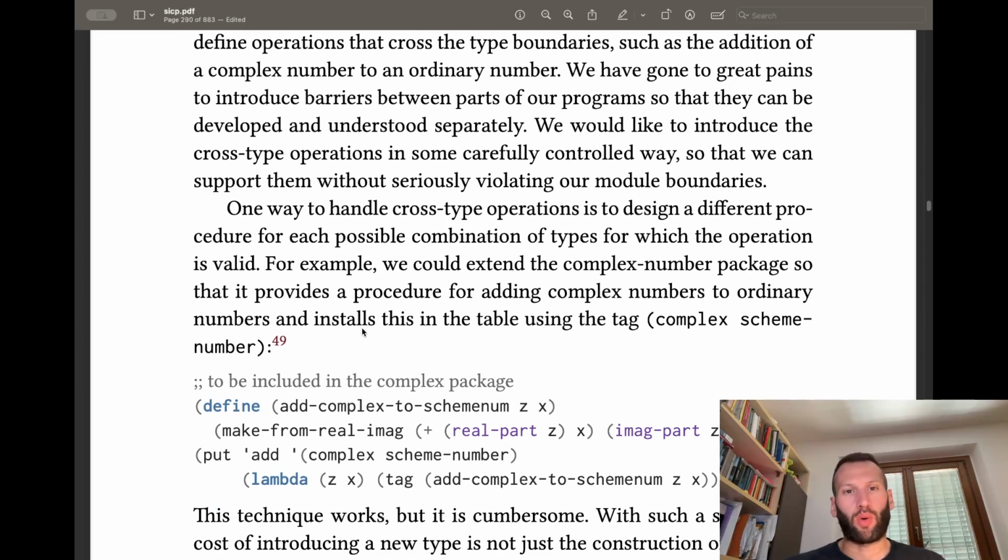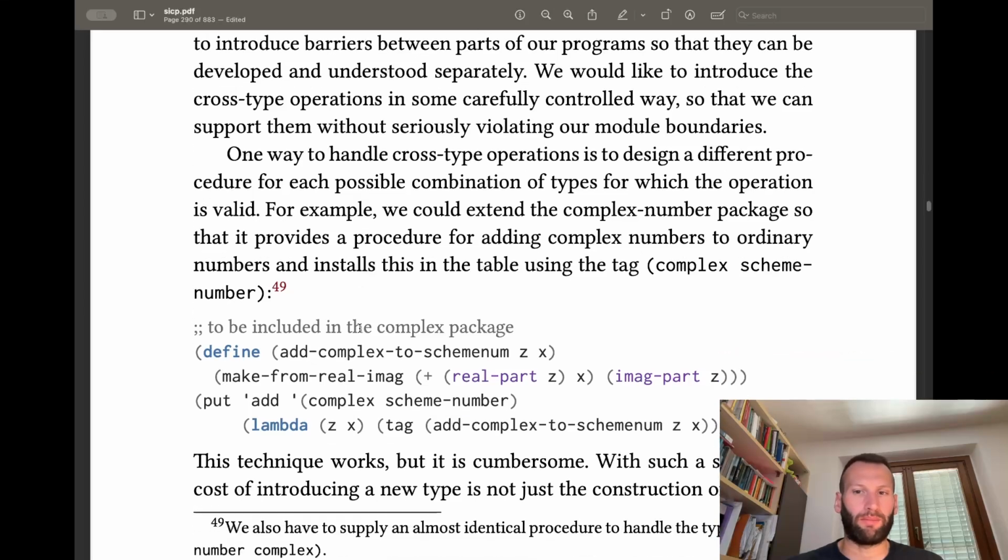One way to handle cross-type operations is to design a different procedure for each possible combination of types for which the operation is valid. For example, we could extend the complex number package so that it provides a procedure for adding complex numbers to ordinary numbers and install these in the table using the tag complex scheme-number.